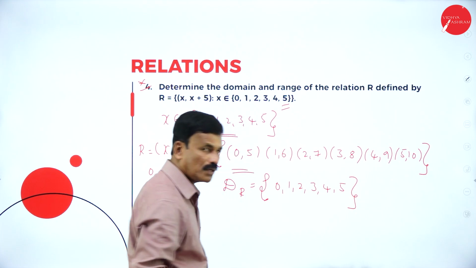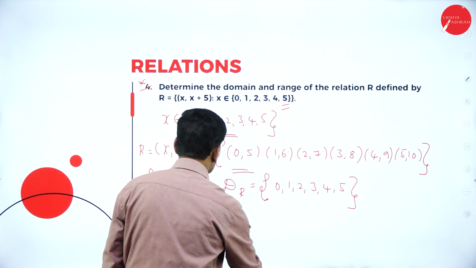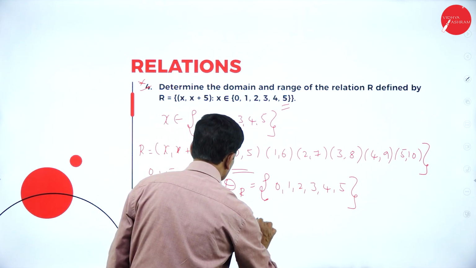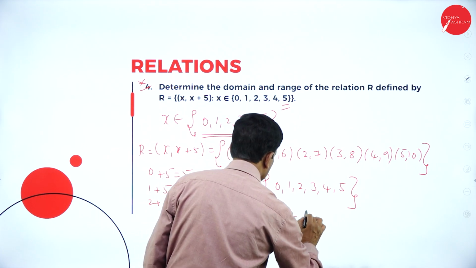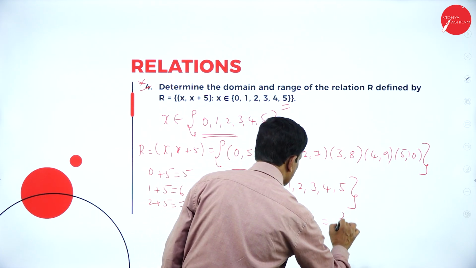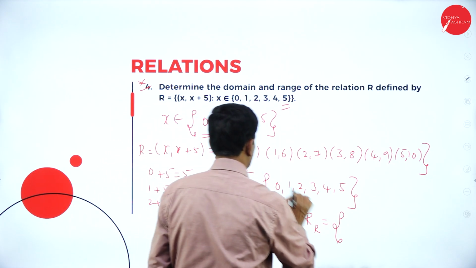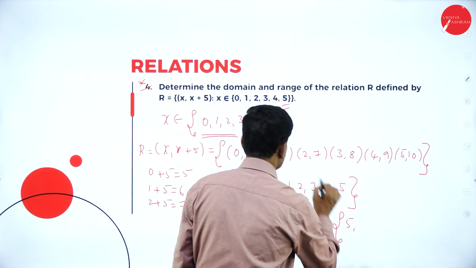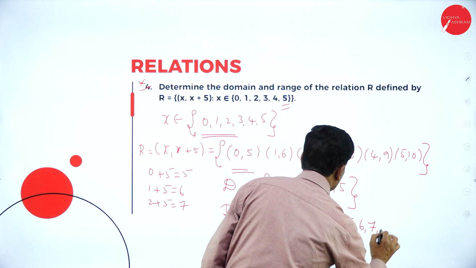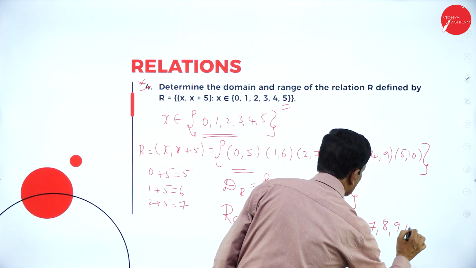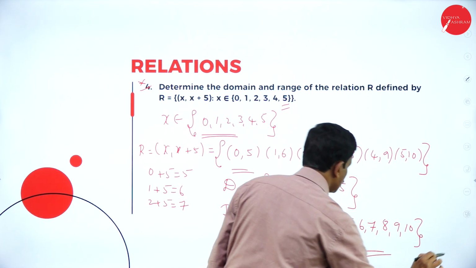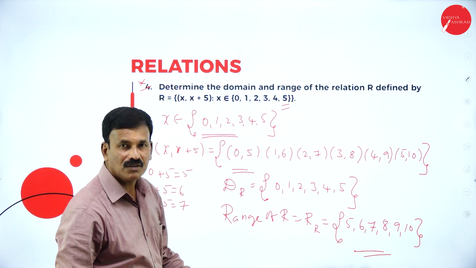This is called the domain. And what is the range? Range of R is equal to the set of all second elements of the relation, that is {5, 6, 7, 8, 9, 10}. These are the domain and range for the given problem.